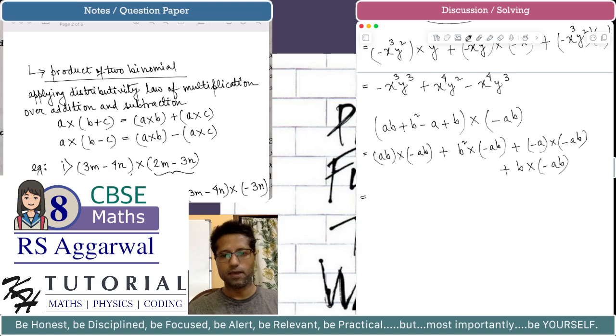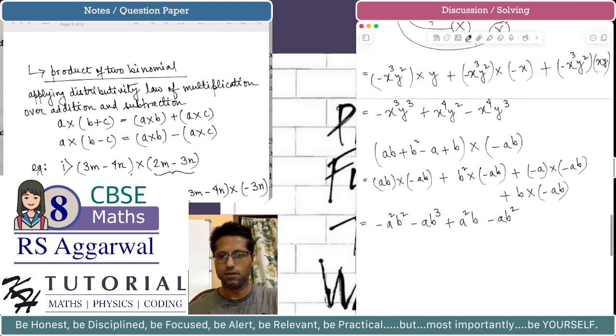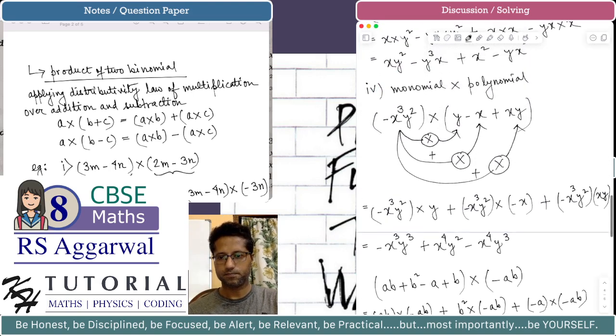So this is equal to ab multiplied by minus ab is minus a square b square. Then b square multiplied by minus ab is minus a b cube. And minus a multiplied by minus ab is a square b. And finally, b into minus ab is minus a b square. So this is the final result. So this is how we find the product of a monomial and a polynomial.